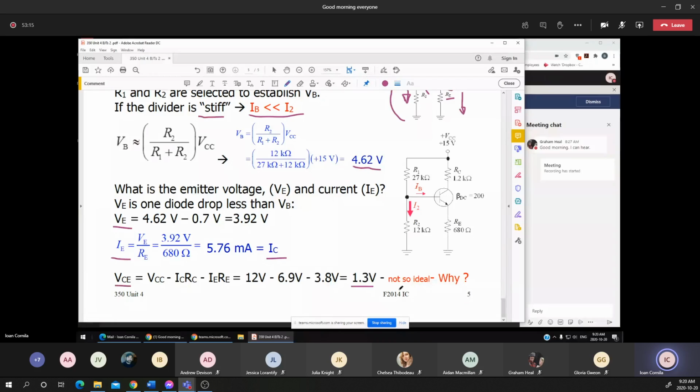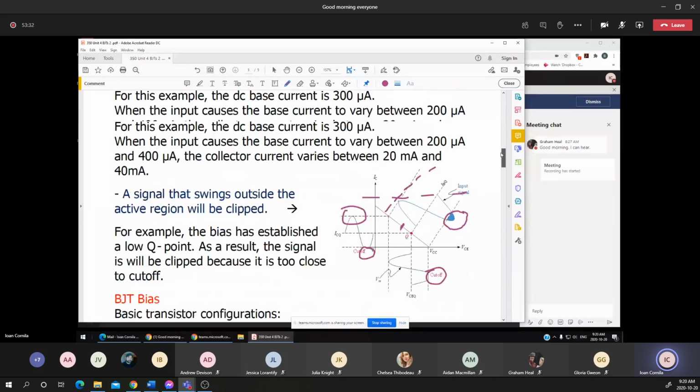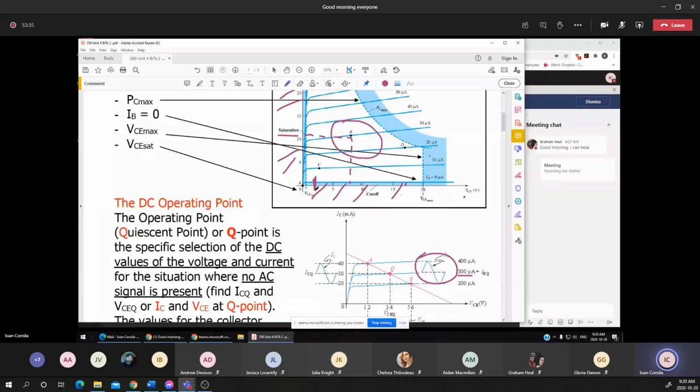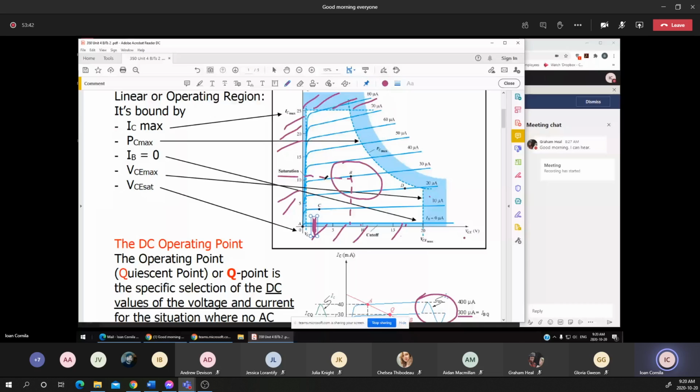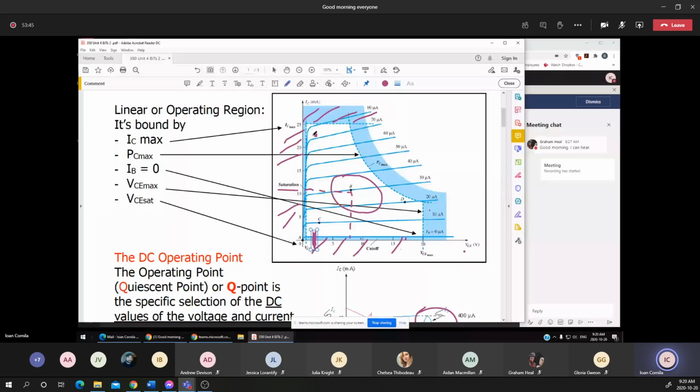In this example, I made a note of VC as 1.3 volts, and I said that is not so ideal. You can answer the question why it's not so ideal. You notice that it's a very low collector-emitter voltage. Going back to the main diagram, the collector-emitter voltage is probably at this point, which makes the Q point closer to this saturation region, which is not so ideal.